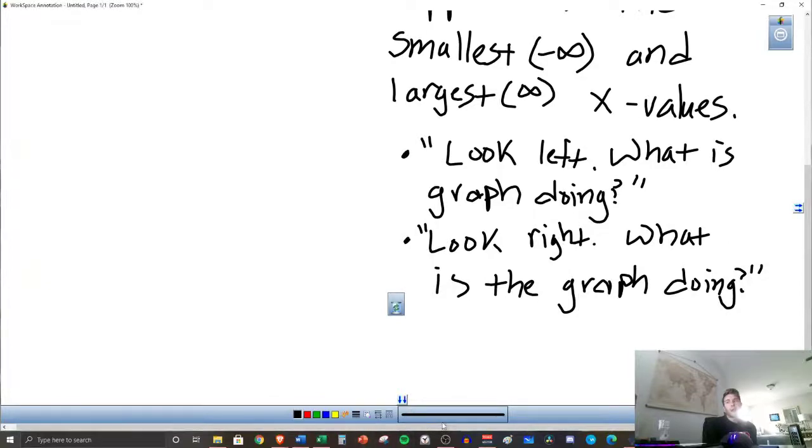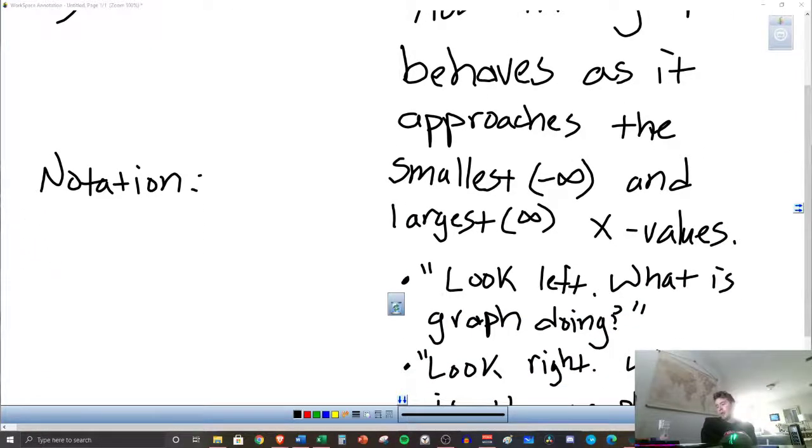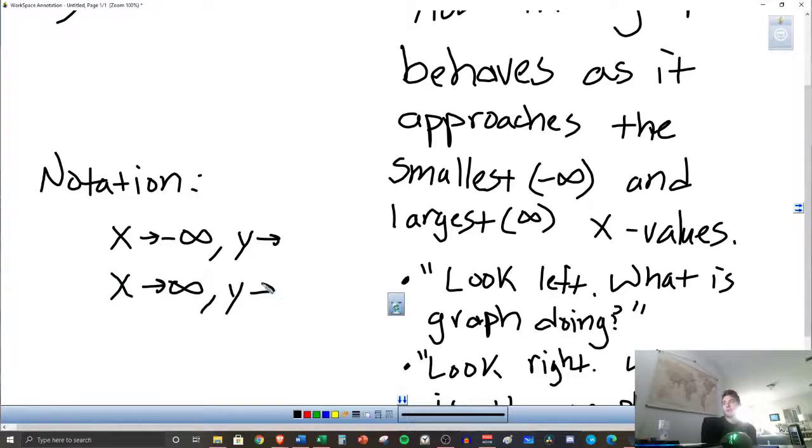So underneath your graph on your paper, because we want that example on there, go ahead and write this. This is the notation. It's a very strange notation, but I think you would have seen it last year for Math 2. It's x goes to negative infinity, y goes to, and we'll put an answer there in a second, and then x goes to positive infinity, y goes to what?